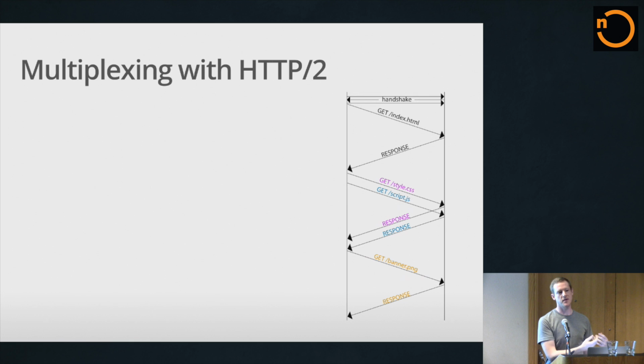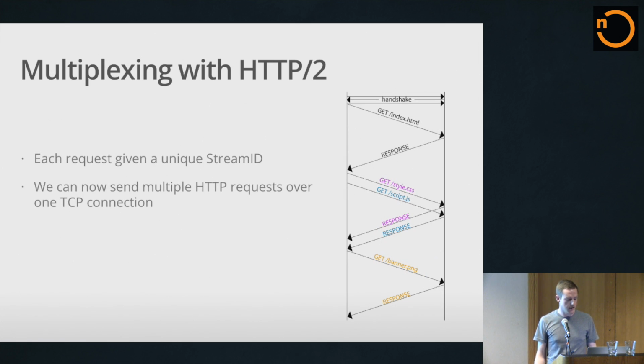And then when you get a response, you know, is that part of my first request or part of my second request? You literally just give a stream ID to the different requests, and then you can know which one's which, and you can share the same pipe, and then you don't have a connection limit. So that's really it. You give each request an ID, and now we have multiplexing. That's really all there is to it.